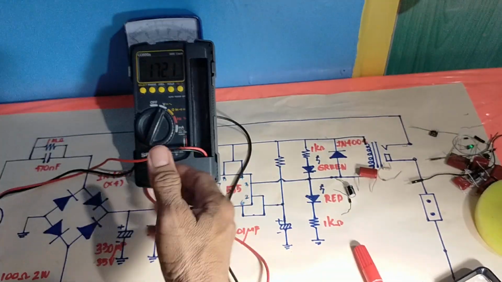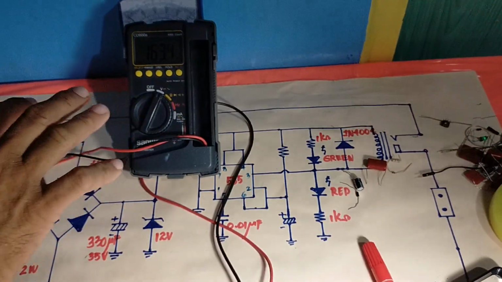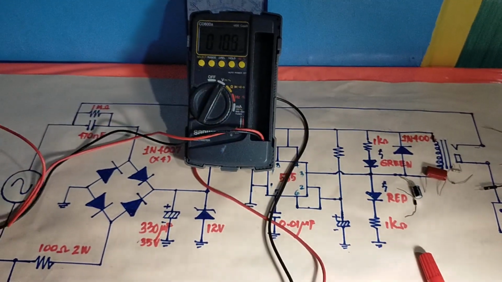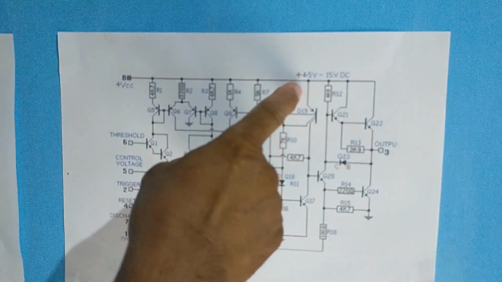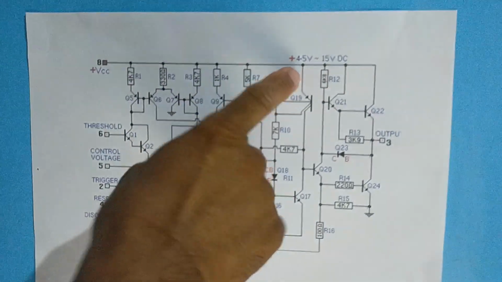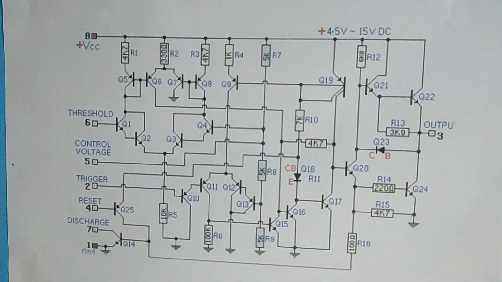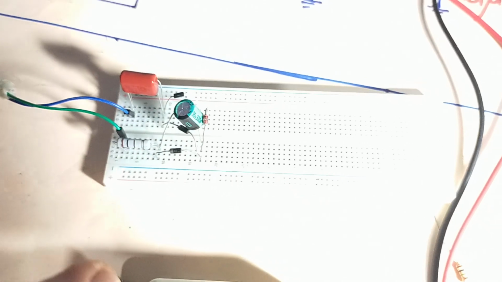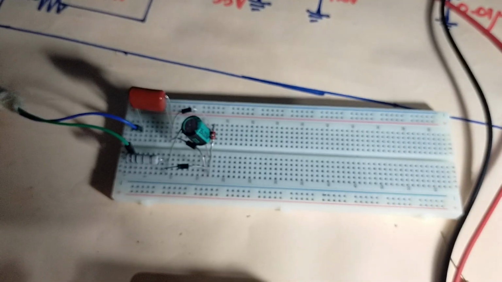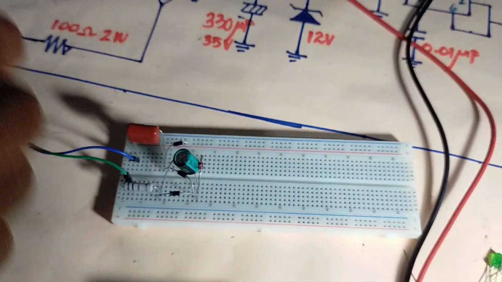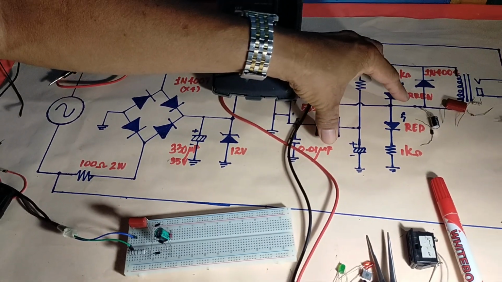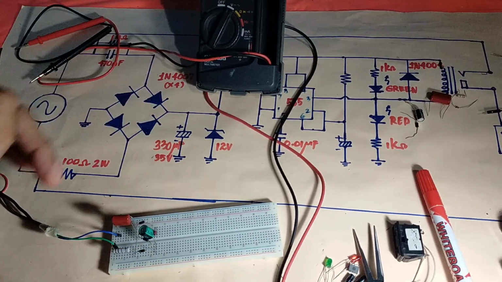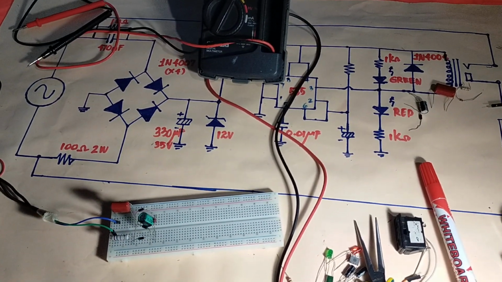The amount of the current that will be distributed here and the voltage that will be supplied here is 12 volts, because this 555 timer IC can be supplied with a voltage of 4.5 volts up to 15 volts. Okay? And we have here actually the 12 volts. So that is the way we make sure that before we connect the voltage here to the LM555 or 555 timer, see to it that the voltage is correct and stable. Okay?